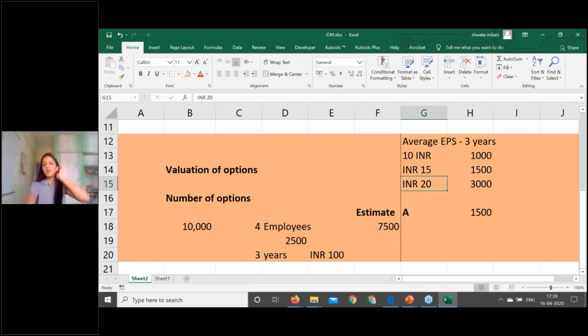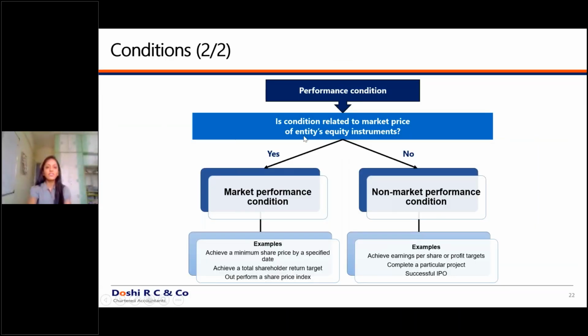So in short, I will give only 1000 options for the purpose of debiting into my statement of profit and loss. I hope it is clear to you all. Only these non-market performance conditions and the vesting conditions should be taken into cognizance while deciding the number of options that is to be vested.